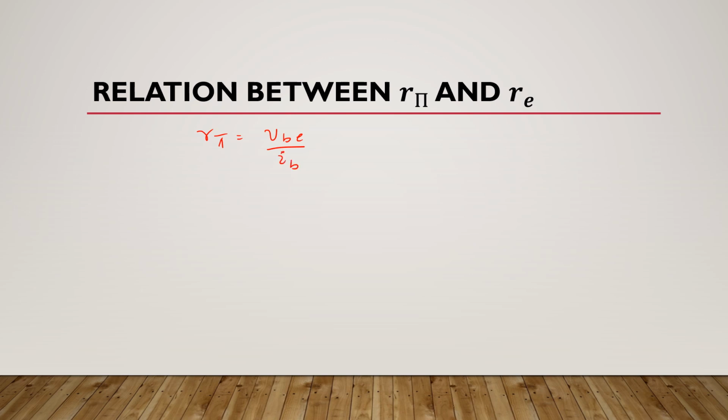It means VBE is equal to IB R pi. This is equation 1. From the formula of Re, we know that it is equal to VBE divided by IE. It means VBE is equal to IE Re. Now this is equation number 2.